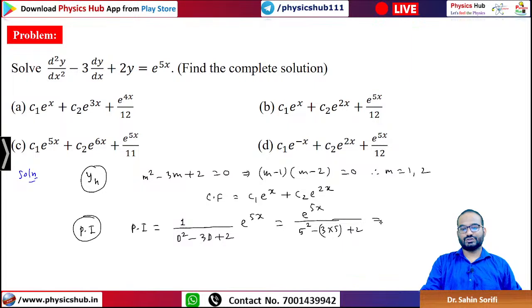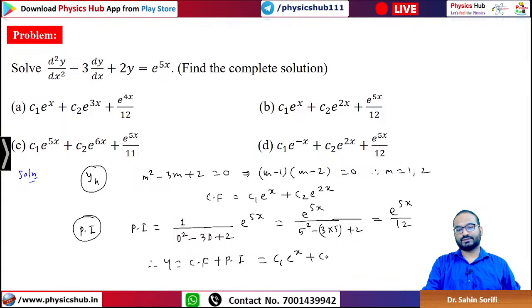How much is this? 12. And hence the complete solution, the sum of the complementary function and particular integral, is C1 e to the power x plus C2 e to the power 2x plus e to the power 5x by 12. Option B.